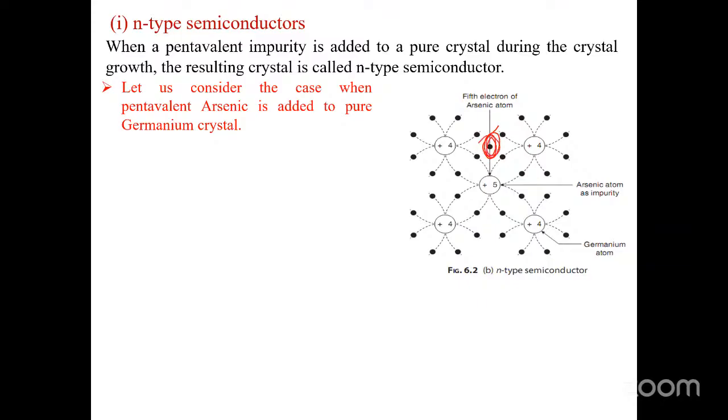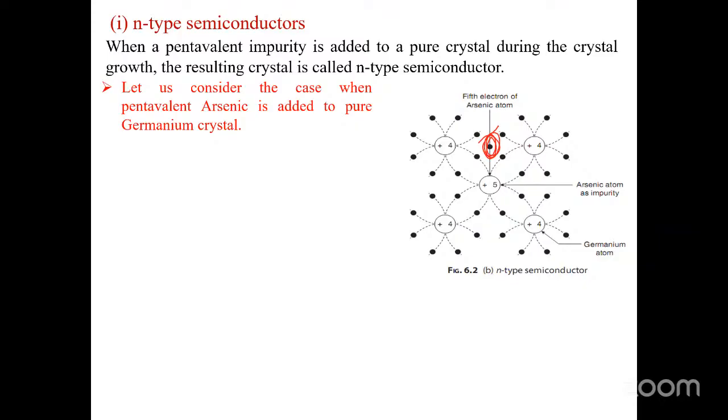So this atom is searching for any atom having a deficiency of electrons, to which it can donate an electron to form a covalent bond. So this type of atom, you can call a donor, because there are excess electrons.